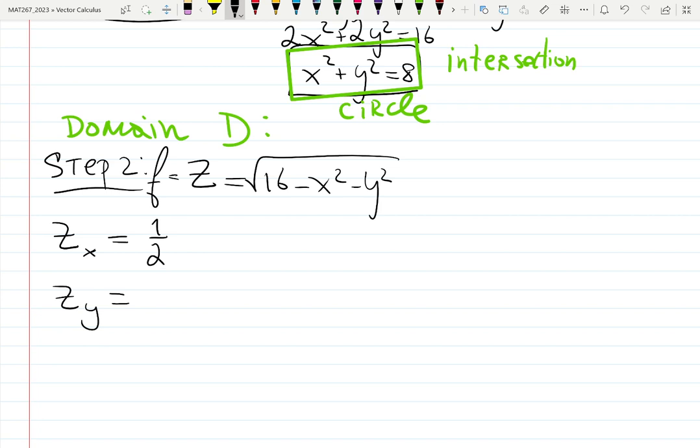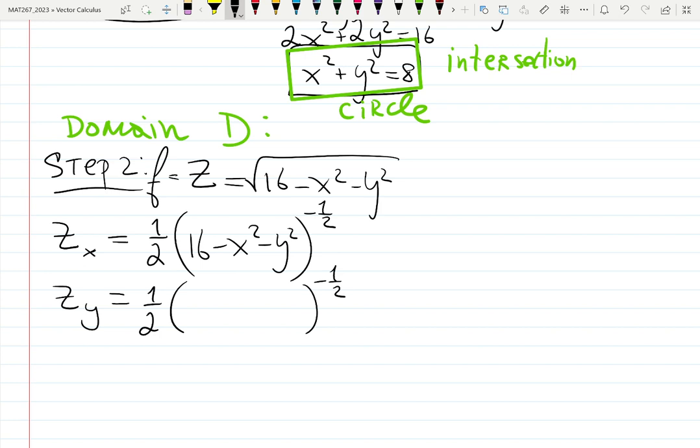1/2 goes down, copy to the negative 1/2, 16 minus x squared minus y squared. That will be the same for both. The beginning is the same. That's the chain rule. Times the derivative of the function inside.